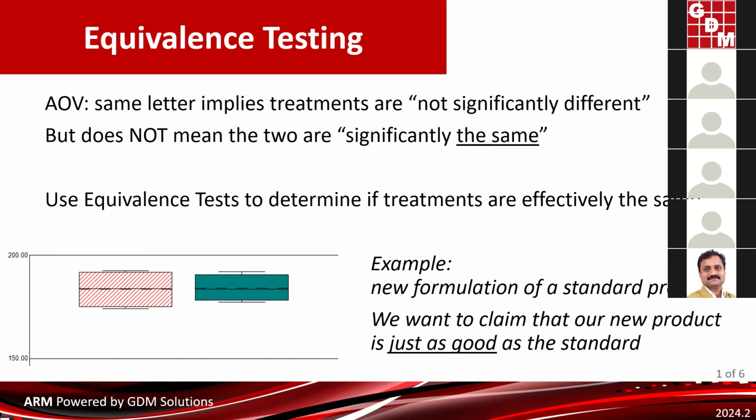It is equivalent to this other product. And I can make that statistical claim. It's a stronger claim than this first sentence. If we just run an ANOVA and, oh, hey, these two had the same letter, so I couldn't declare significant differences, that's not as strong of a statement as the second one to say, hey, I have equivalence. These two are indistinguishable in their performance. And I can claim that statistically using these equivalence tests.